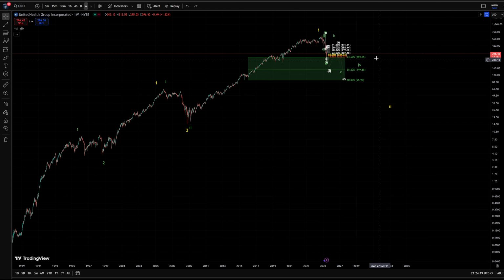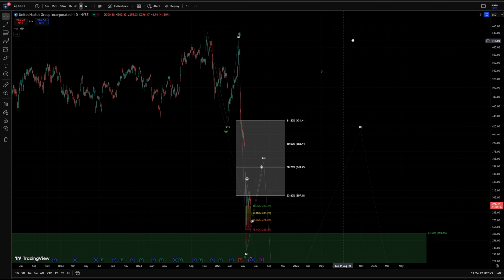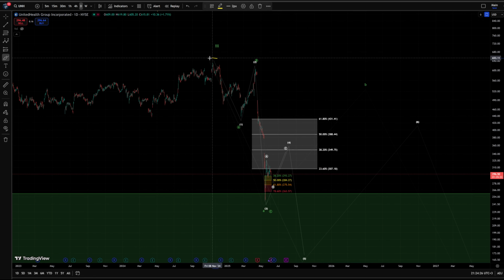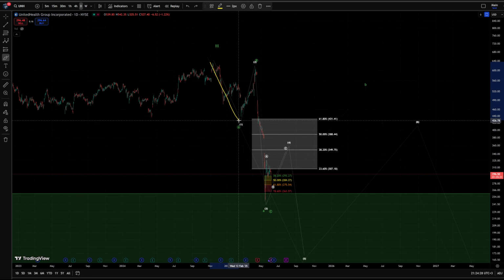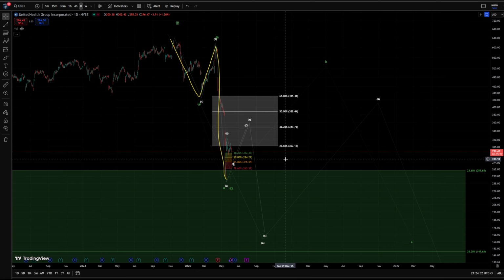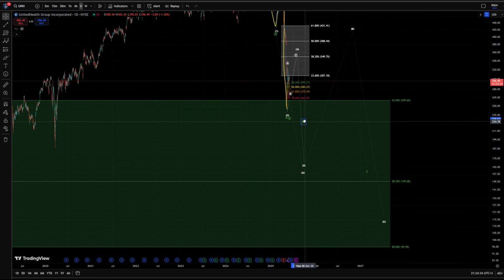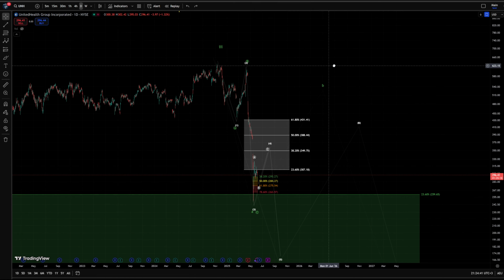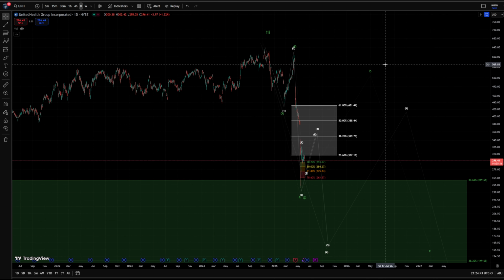Okay, now I want to go directly into the lower time frame where we had the top form here and then 3 waves down, A, B, C, that could have either formed and finished the 4th wave here. We did reach the support zone, we did react, we don't need to go lower to fulfill any expectations.